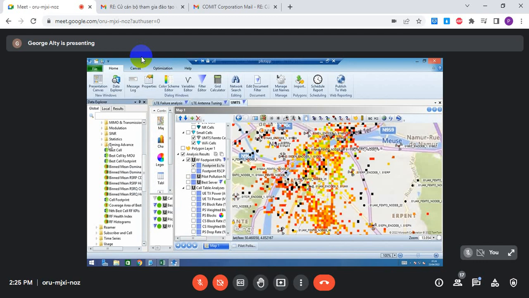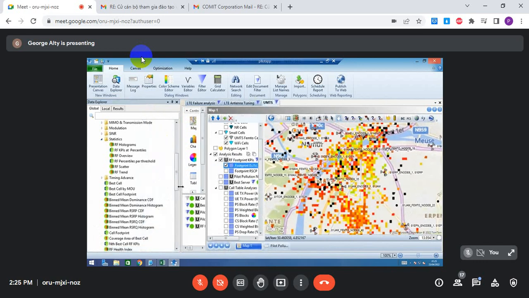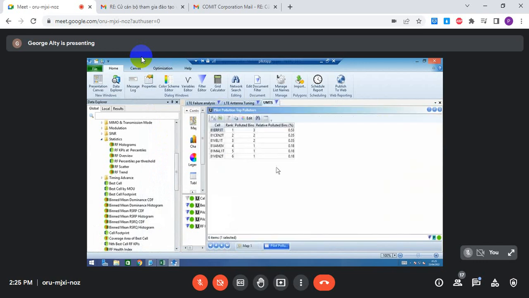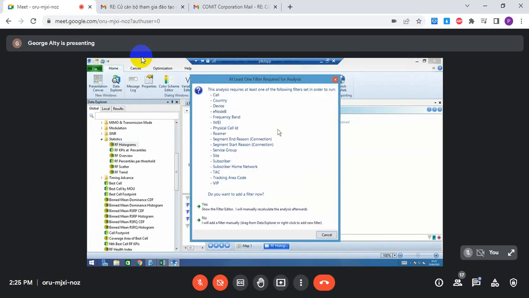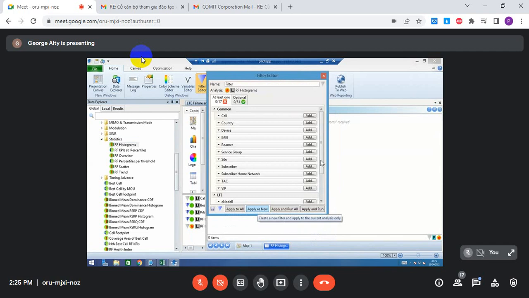Okay, so statistics we're looking at. There's a number of RF histograms that we can produce here. Just close this one down. My polluters, get rid of that. So we can look at the RF histograms in here. Let's have a look at a cell, shall we?